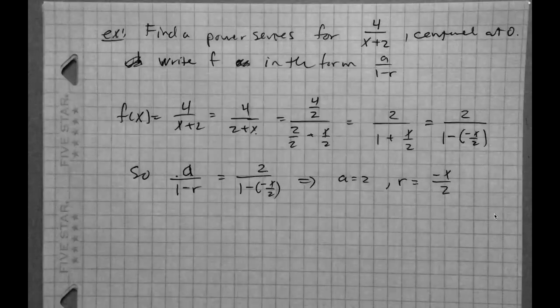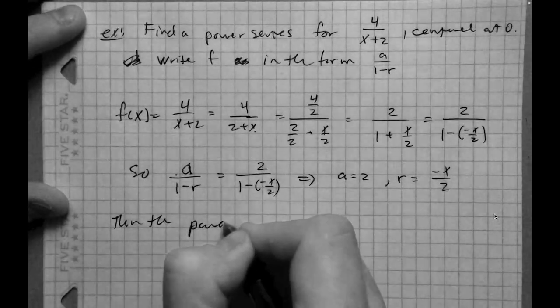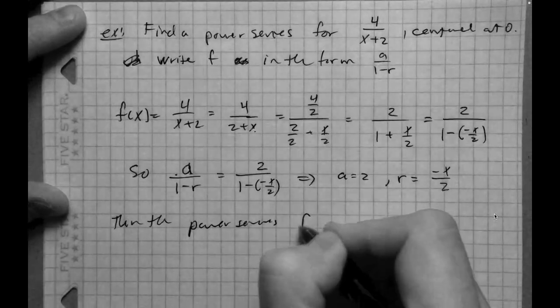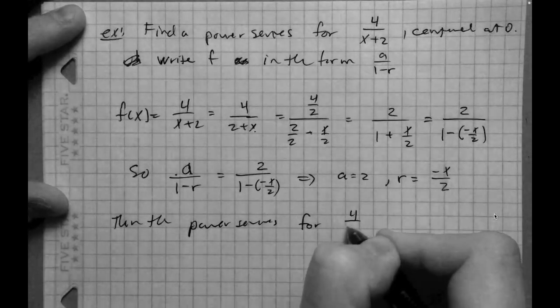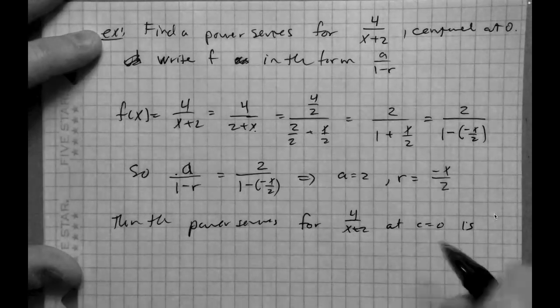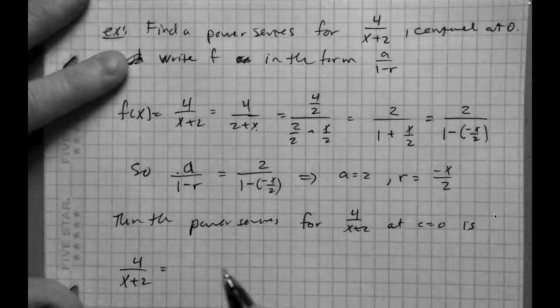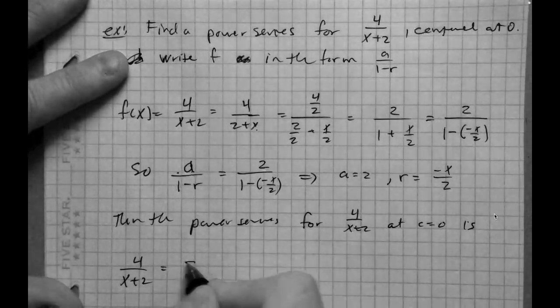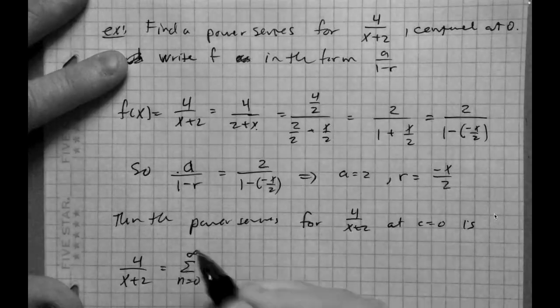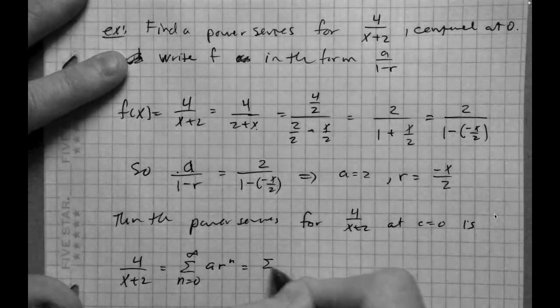And so the power series for 4 over x plus 2 at c equals 0 is, well, we can just write it out here: 4 over x plus 2 equals the sum from n equals 0 up to infinity of a times r to the n.